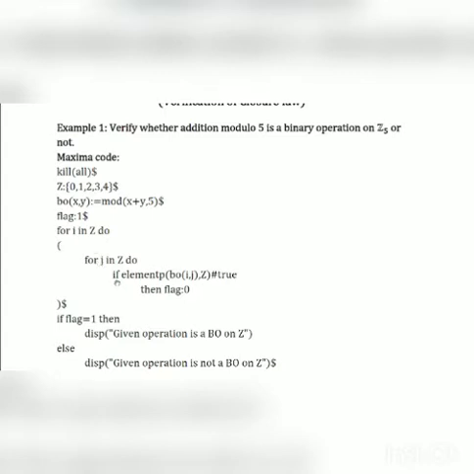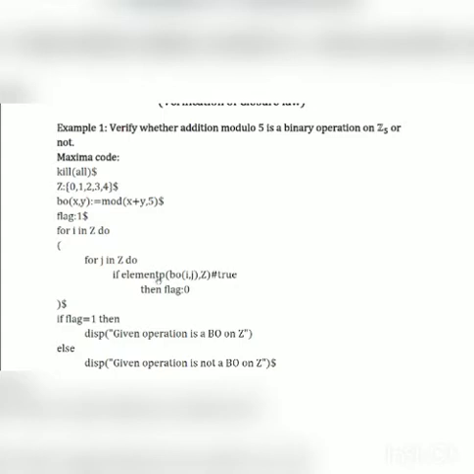If element P of binary operation of I and J in Z, what is the meaning of this? You operate taking two elements at a time, binary operation of this, and if the answer is in Z, this is element predicate.